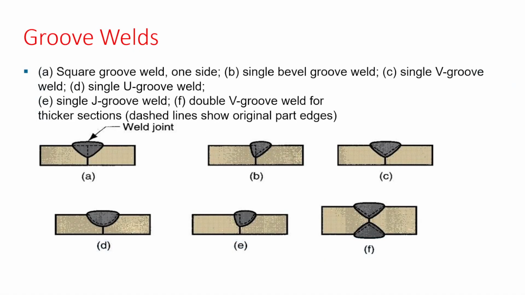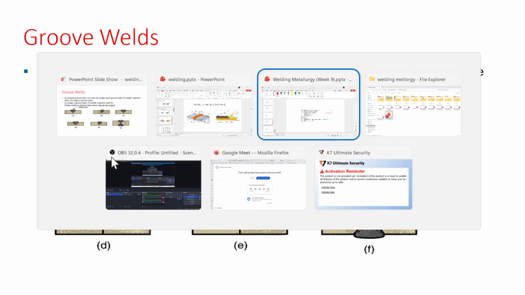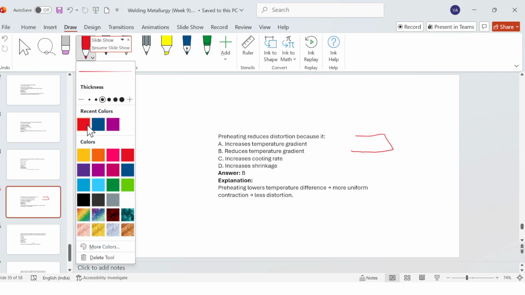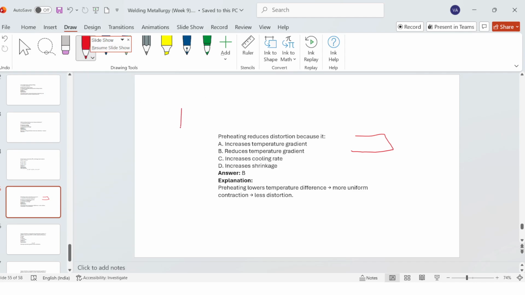Suppose I have to do welding in these regions, so first I have to do this transverse region, then I have to go for this longitudinal one.